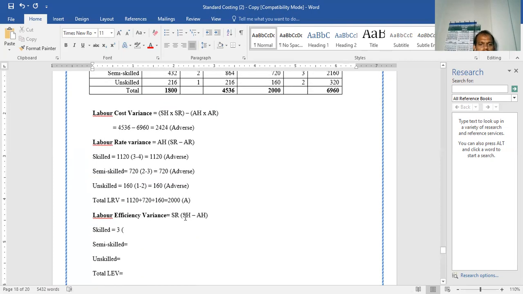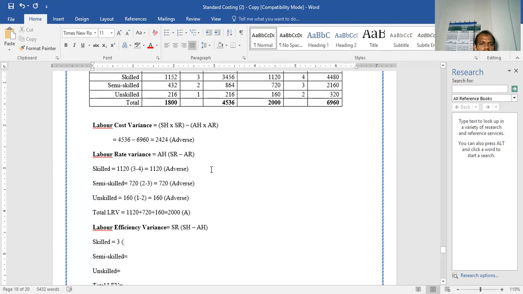So standard hours for the skilled labor 1152 minus actual hours 1120. We saved some time, 32 hours. 32 into 3, 96. And here 32 is positive, so a plus value will come, and a plus value means favorable variance.